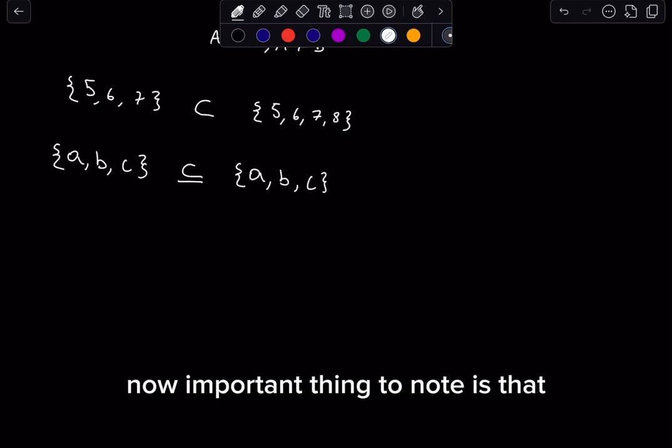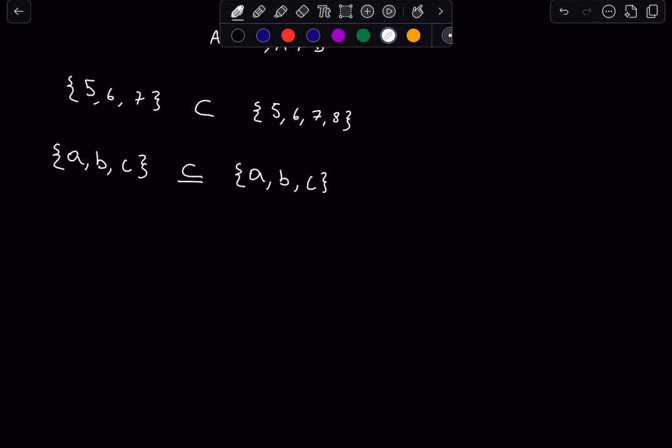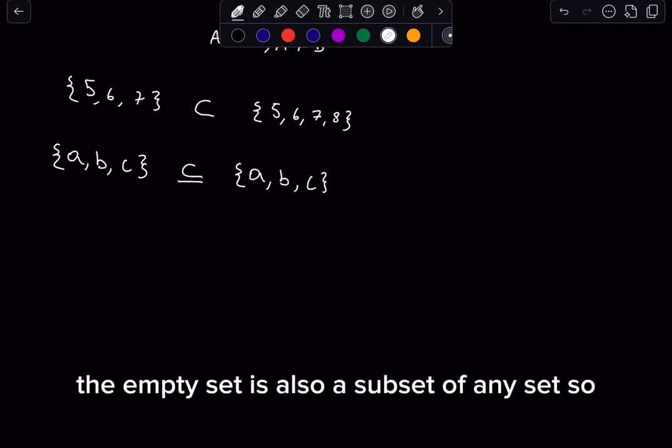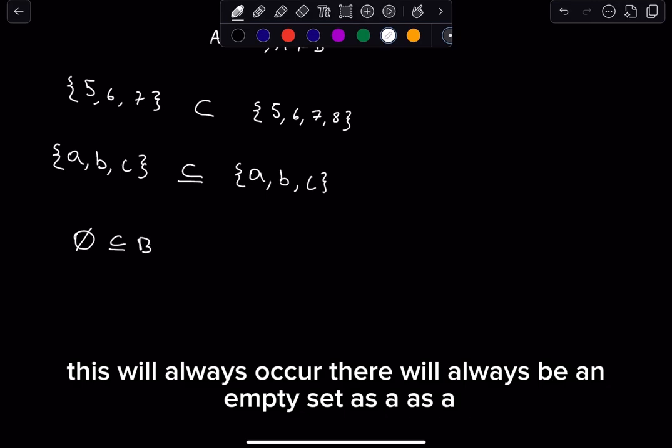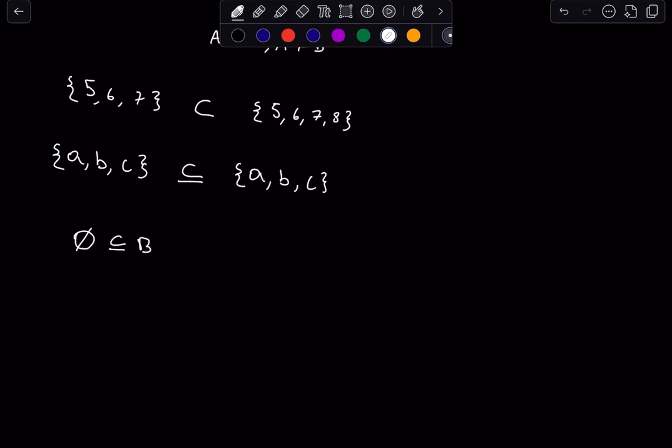Now, an important thing to note is that the empty set is also a subset of any set. So this will always occur. There will always be an empty set as a subset for any set.